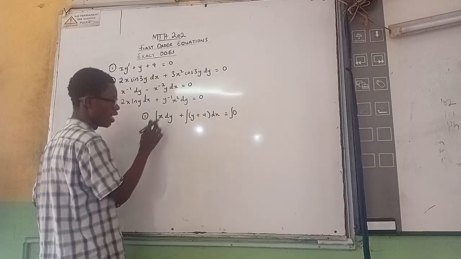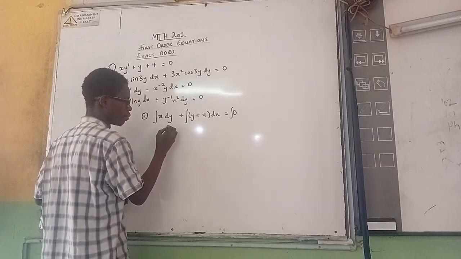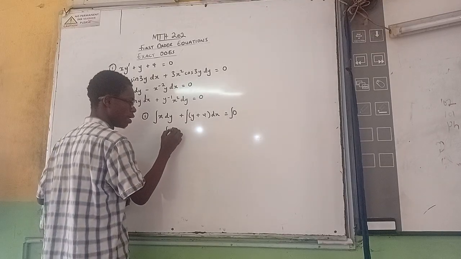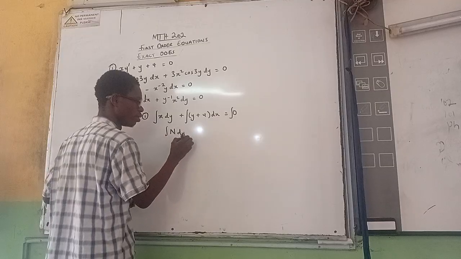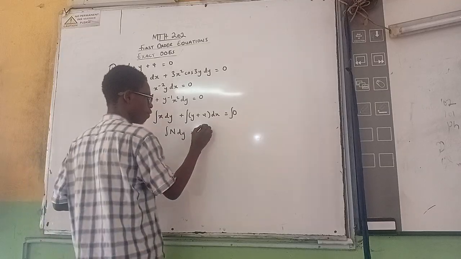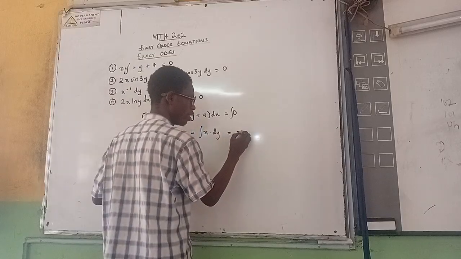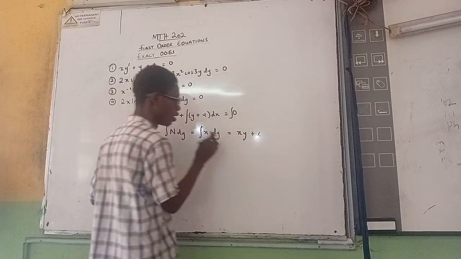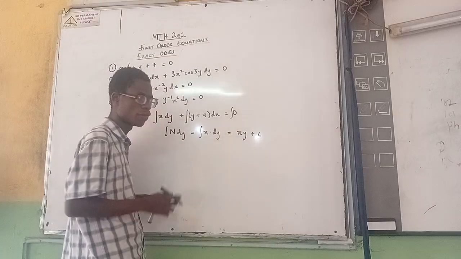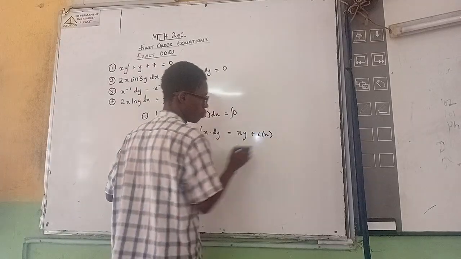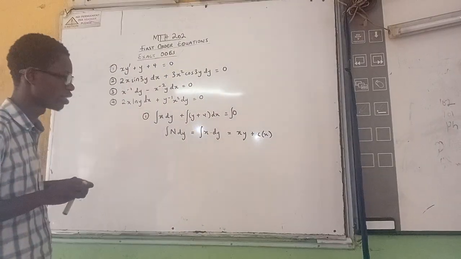So when we integrate N with respect to y, the integral of N dy equals the integral of x dy, and this will give us xy plus a constant. Our constant here is a function of x: xy plus a constant of x.